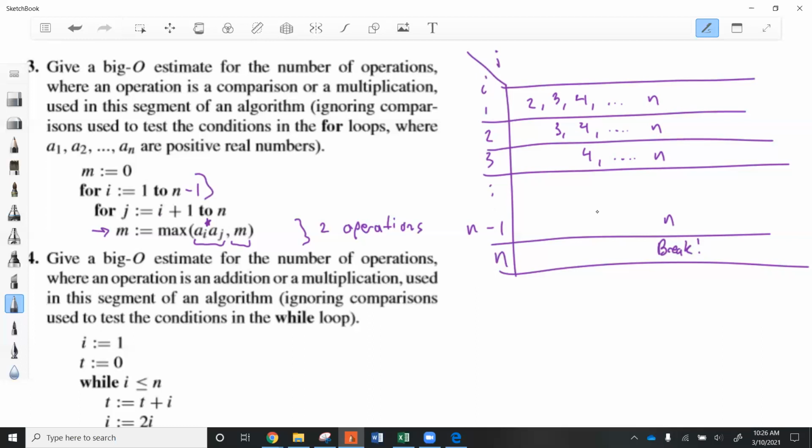So before we move on, just real quick, what does that max mean? It basically means take the two numbers that we're trying to find the maximum of and compare them. You can do this with an if-else statement. You can say, if a_i times a_j is greater than m, then we redefine m to be equal to that bigger number. Else, don't do anything, just m equals m. Does that make sense?